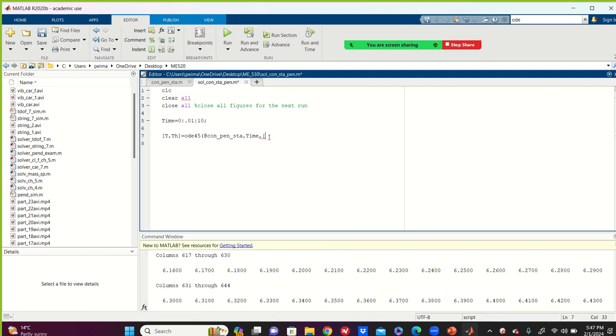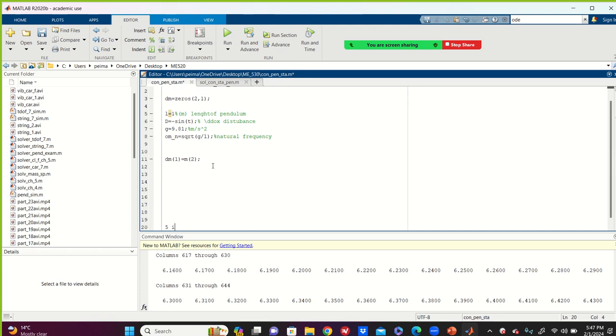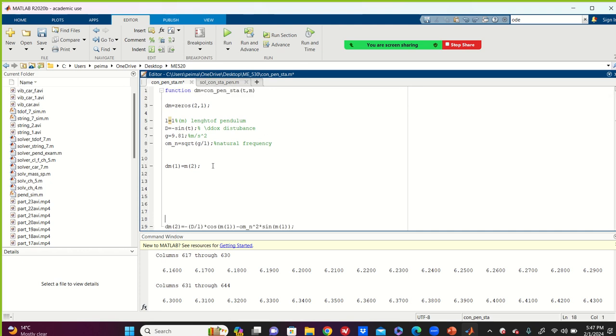And then the initial condition. Don't forget, we have two state variables. M1, as we did, is for the pendulum angle, and M2 was for what? You tell me from the previous class. It is for angular velocity.